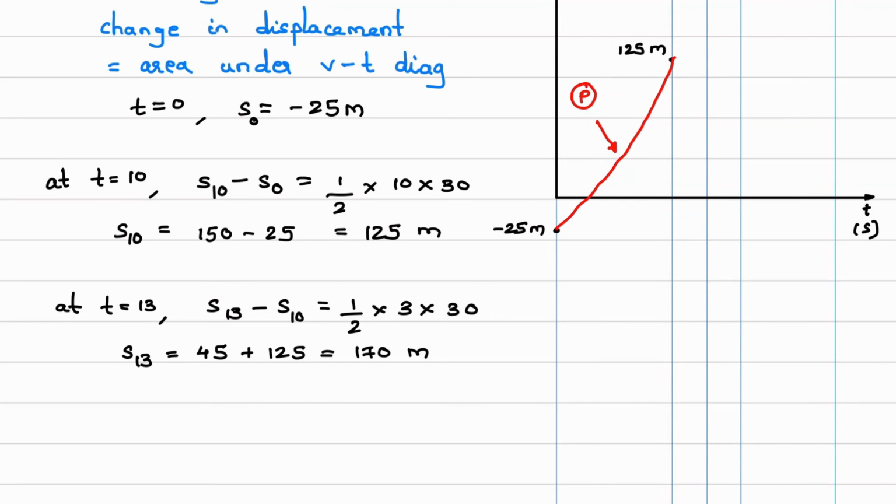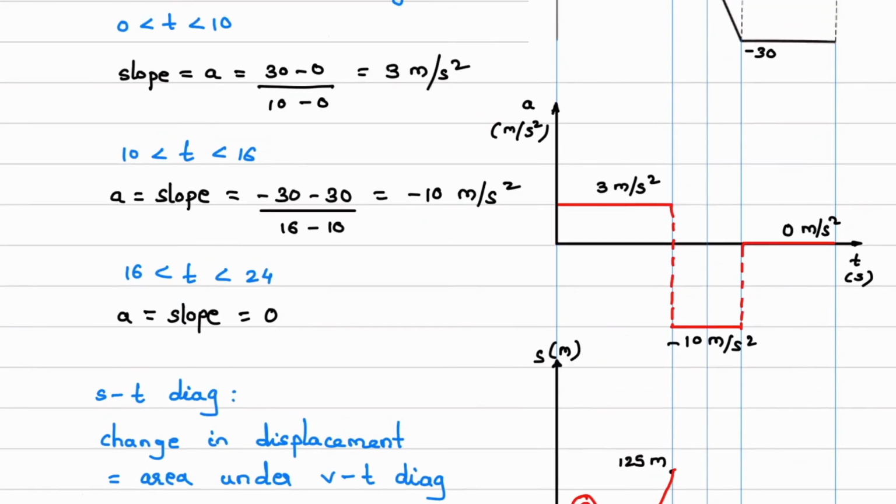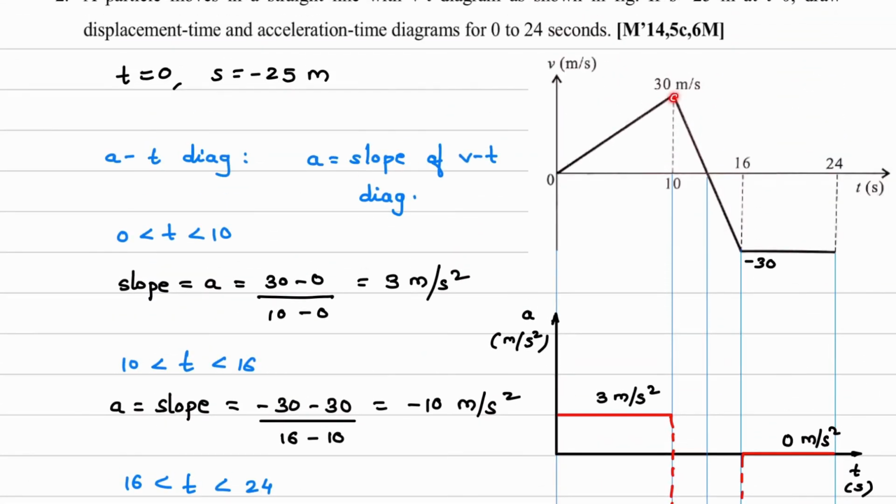Next we have got the value of S13. So we'll continue this. Now from 125, we have to mark 170. So 170 will be somewhere over here. Now from 125 to 170, how to draw? We will see that. Observe this part. What is velocity?